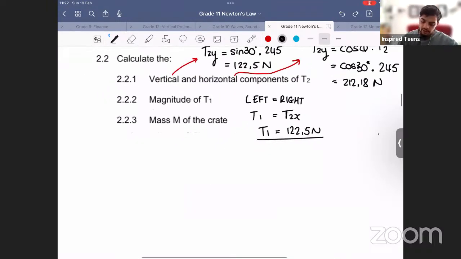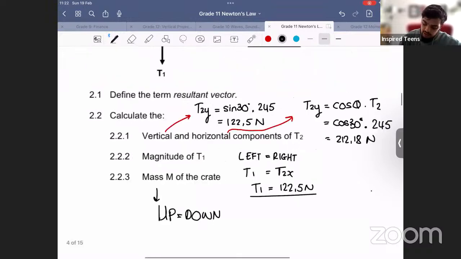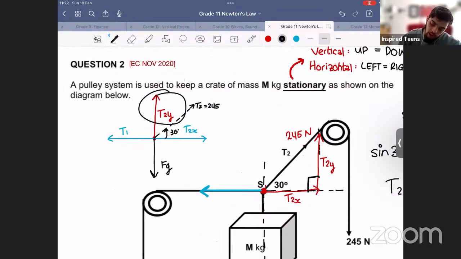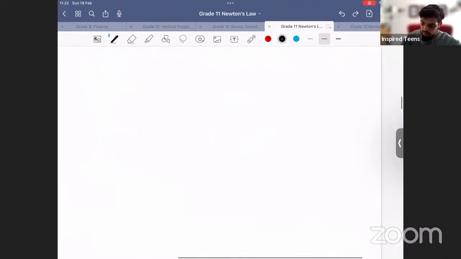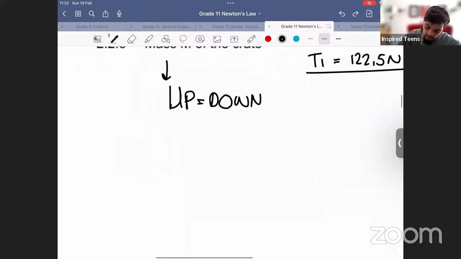Calculate the mass of the crate. So now we're going to use the up is equal to down aspect of it being stationary. Our up force is T2y. Our down force is Fg. So T2y is equal to Fg.